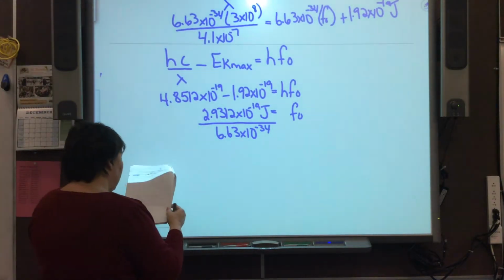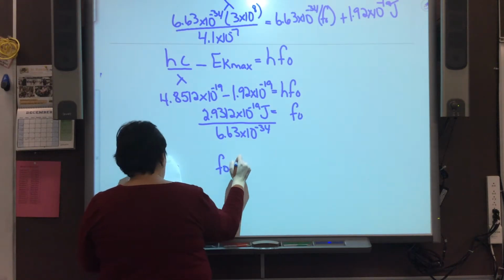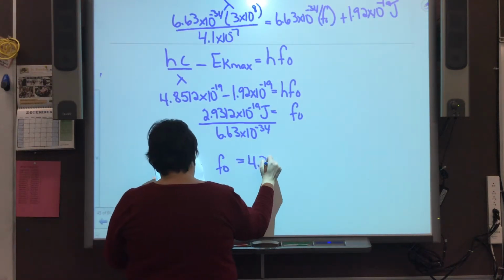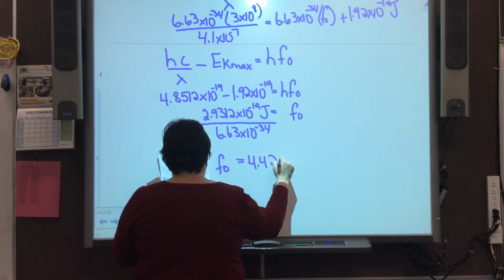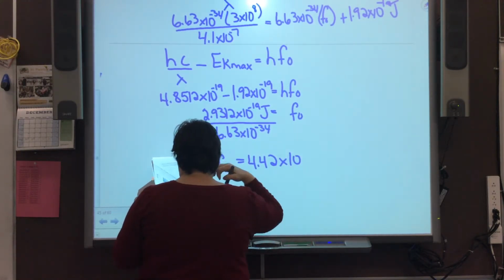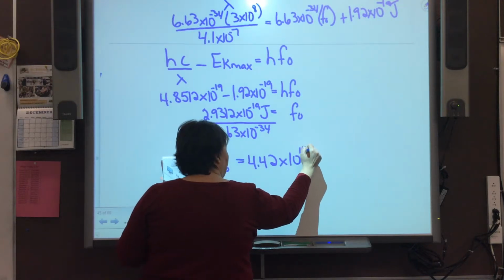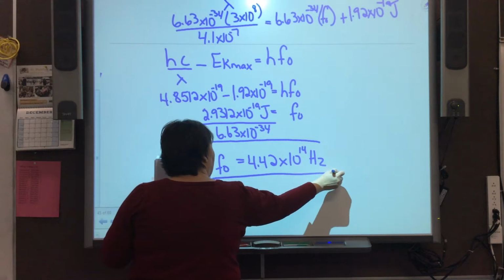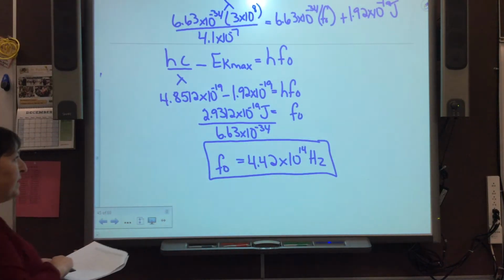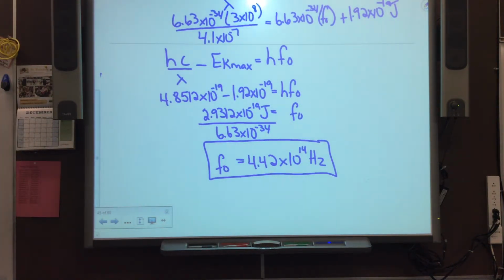FO is then going to be equal to, okay. You're going to make sure you carry your decimals all the way through.